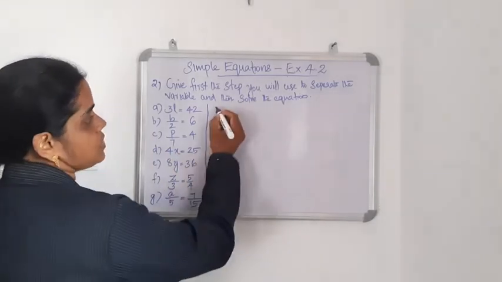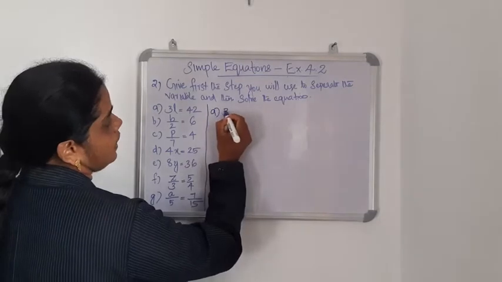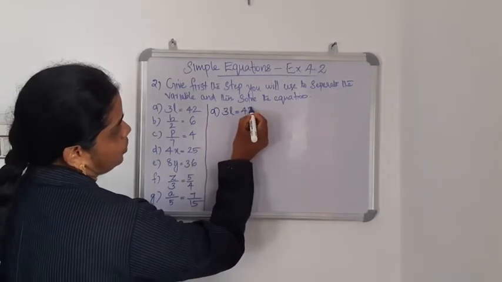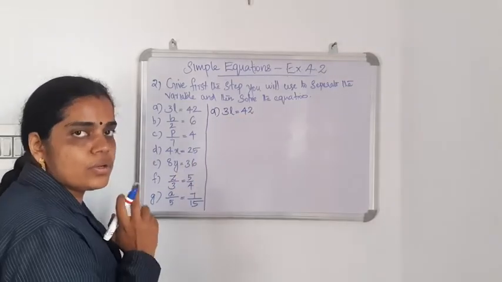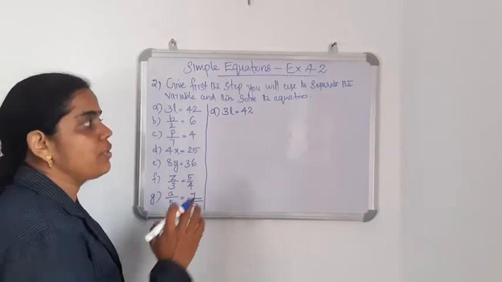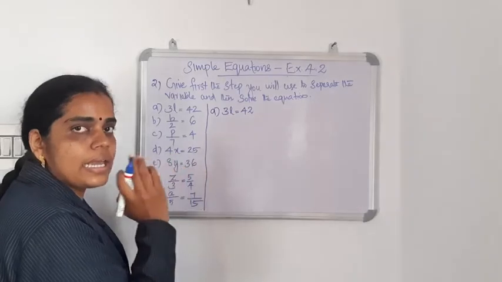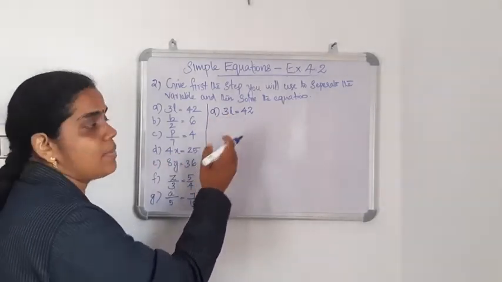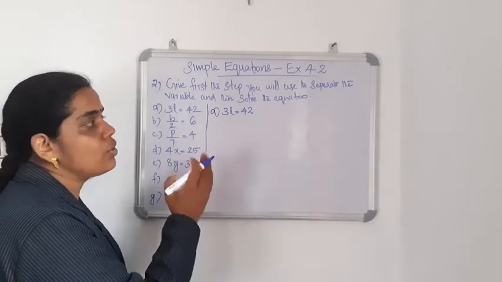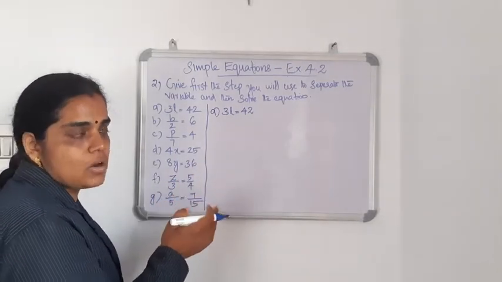Okay. So first question, 3n is equal to 42. So here we need a solution of the equation, means what is the value of n. That is the solution of the equation. So on one side we need n only. So we need to divide here by 3. 3 by 3, all of you know it is 1. So you will get the value of n. Okay.